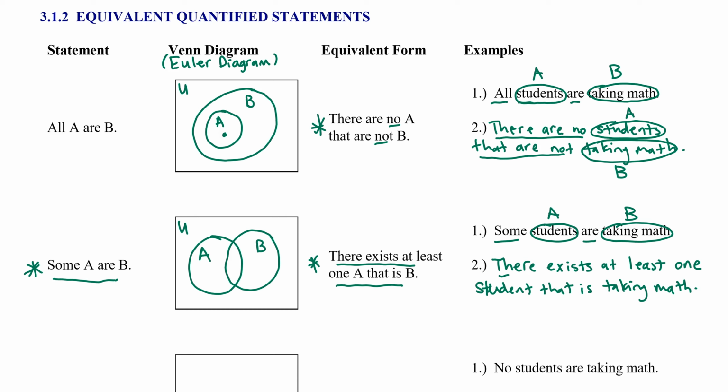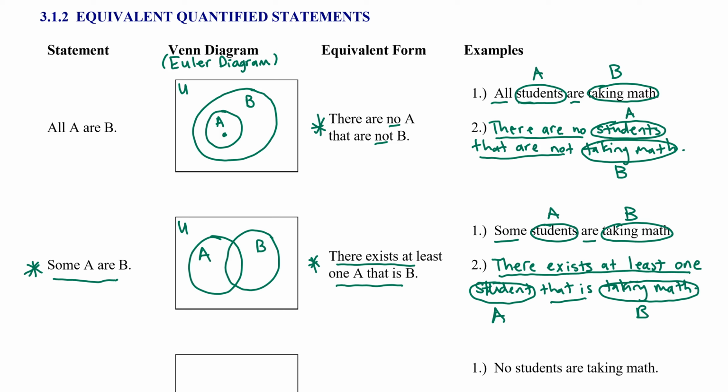So we have the pattern, there exists at least one, here's my group A, that is taking math, group B. Those two statements, even though they are worded differently, express exactly the same thought.